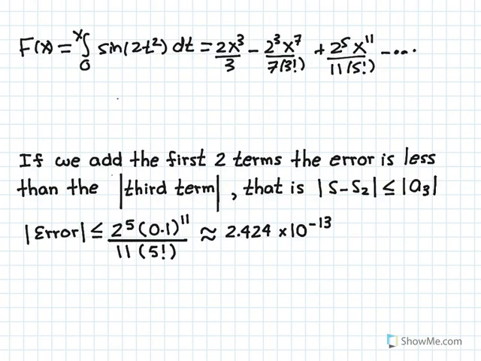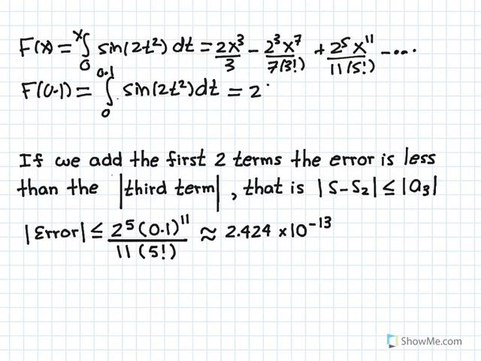This is an infinite series. So f of 0.1 represents the value of this definite integral, the integral from 0 to 0.1 of sine of 2t squared dt, and we're estimating the value of this definite integral with this infinite series.